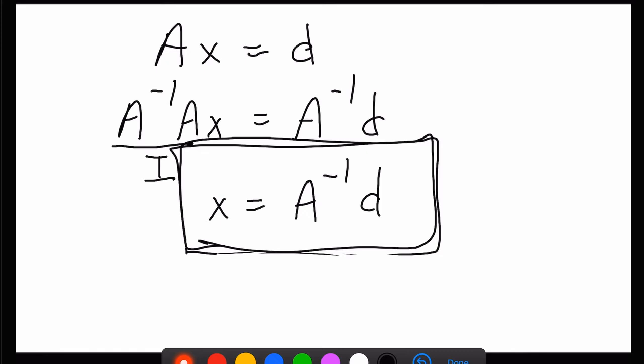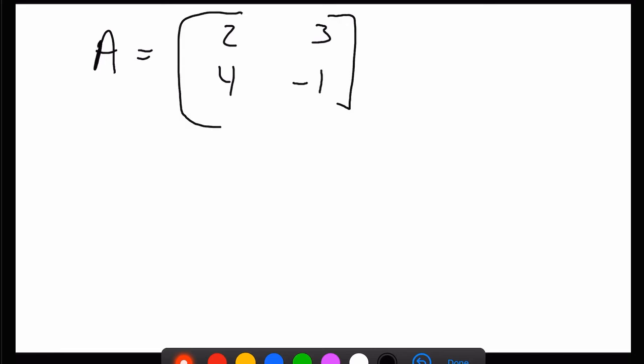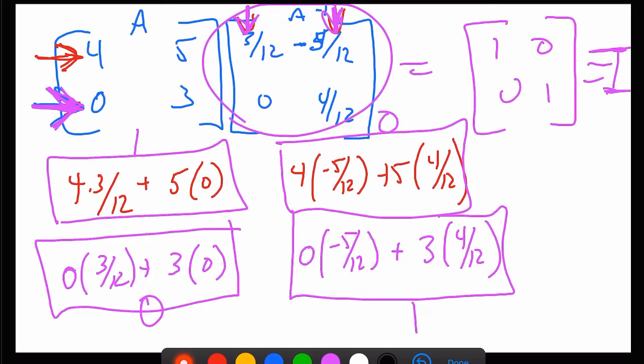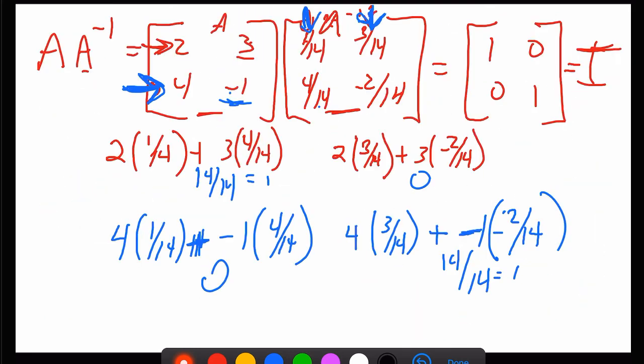All right, so A equals 2, 3, 4, minus 1. Yes? Did we already solve this? We already did this, right? Yes?